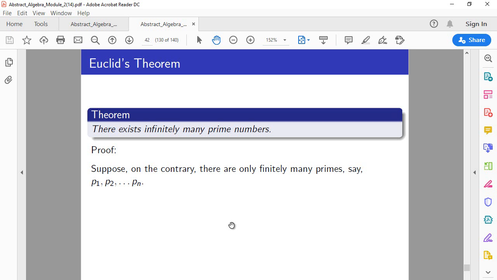Well, suppose on the contrary that there are only finitely many primes. If we have only finitely many primes, then let's say we have n of them. Then we can label them as p1, p2, pn, and let's say they are in increasing order.